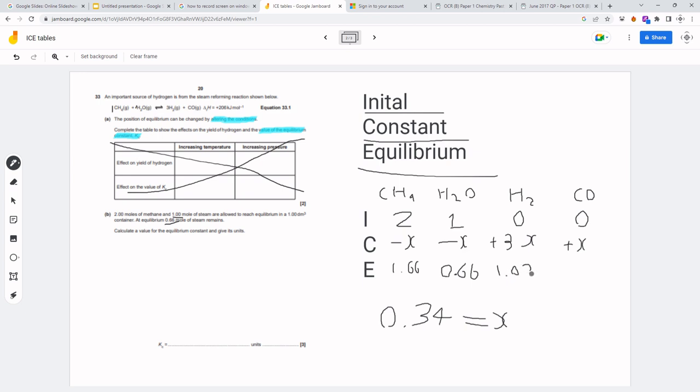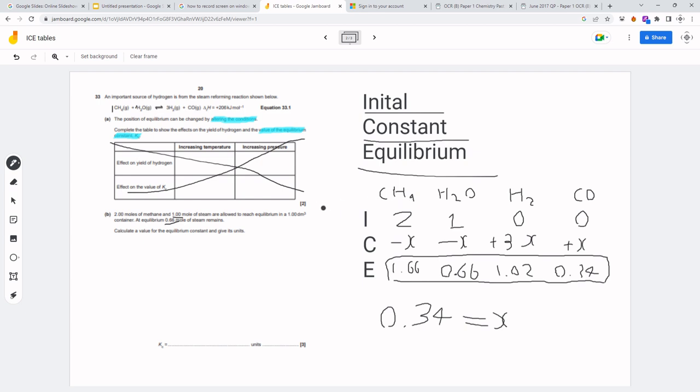And as for CO, that's just a very simple 0.34, because there's only a 1x change. So that's how you use ICE tables to find the equilibrium concentration values given a change and the initial concentrations of at least one side of the reaction.